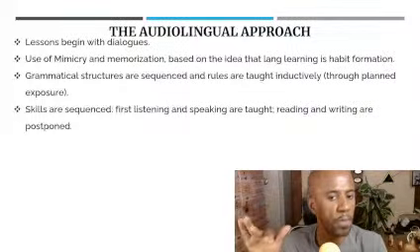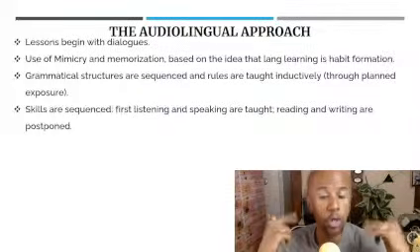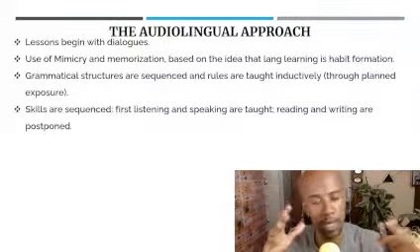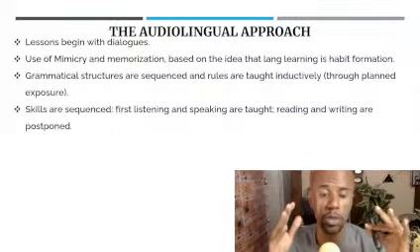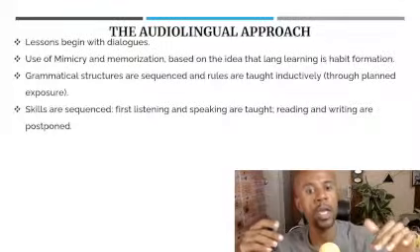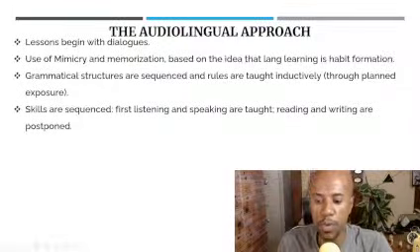So it doesn't completely ignore any one particular skill, although of course we start with the listening and then the speaking at an early stage, but then the reading and writing are postponed in the stage of the learning process, of course.